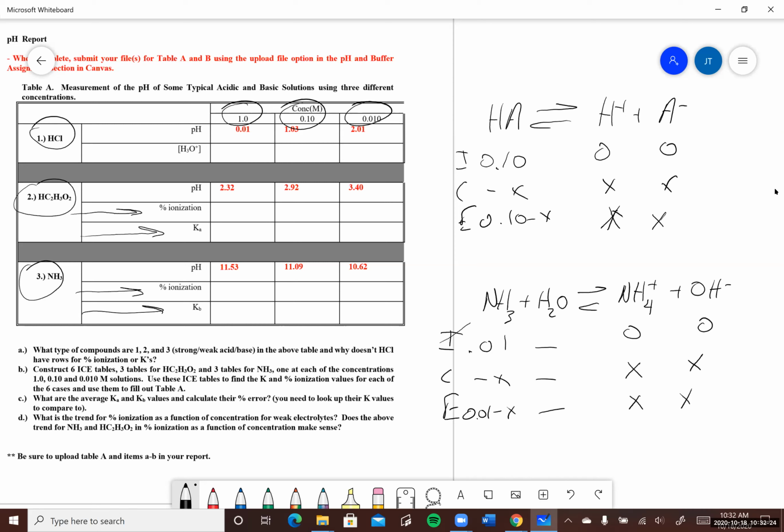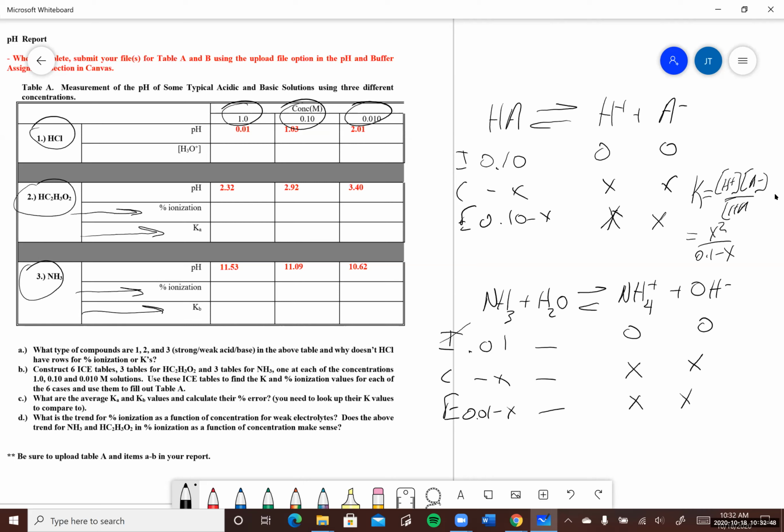So once you know what X is, you can figure out what K is, for example. So K equals the concentration of H plus, A minus over HA. But I see that that's just X squared over 0.1 minus X in that case.